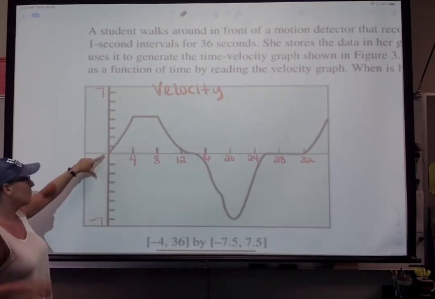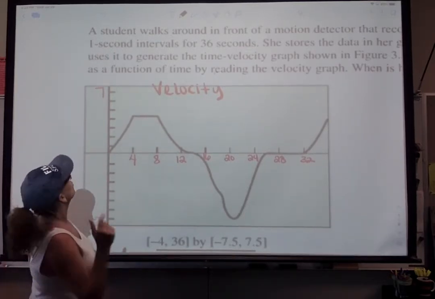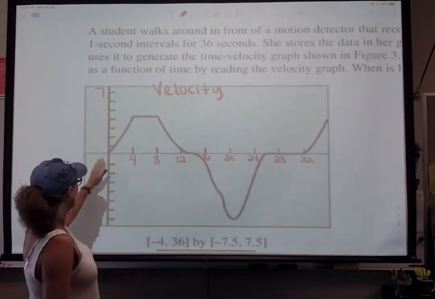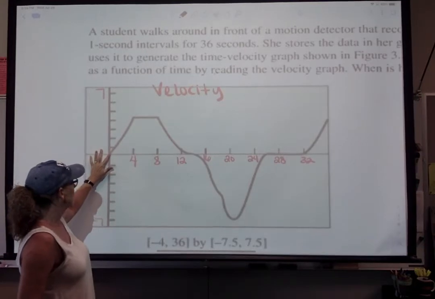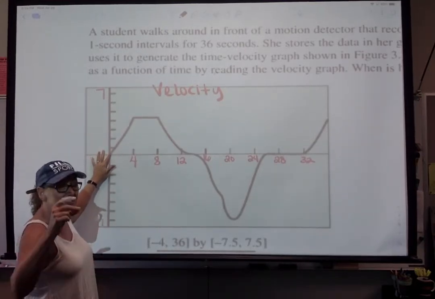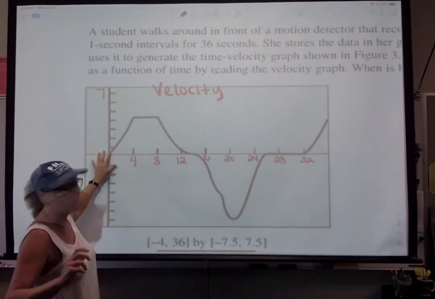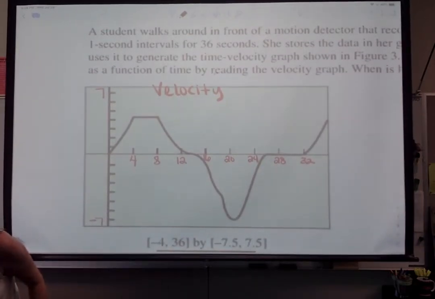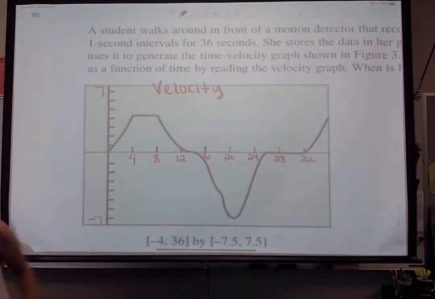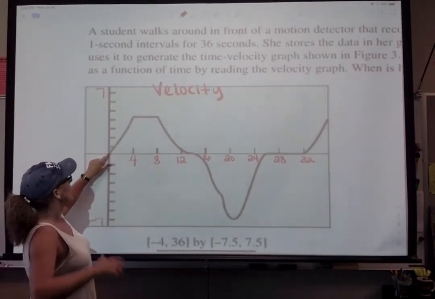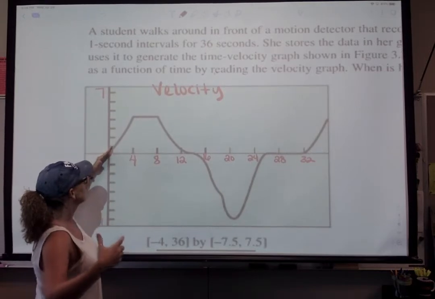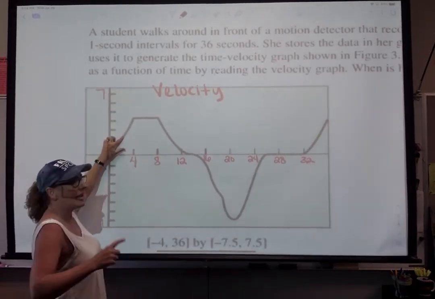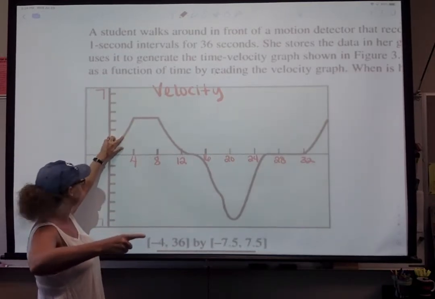So when the video started to record her, at time 0, her velocity was 0. She wasn't even moving. And then from 0 seconds to 4 seconds, her velocity was increasing and it was positive.